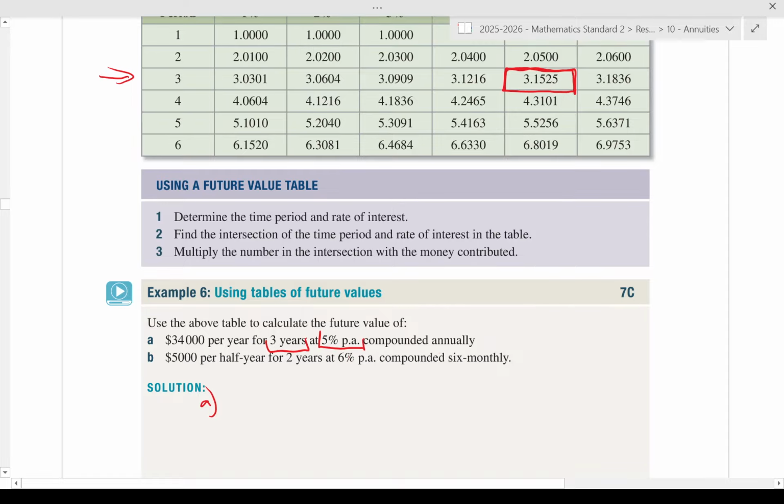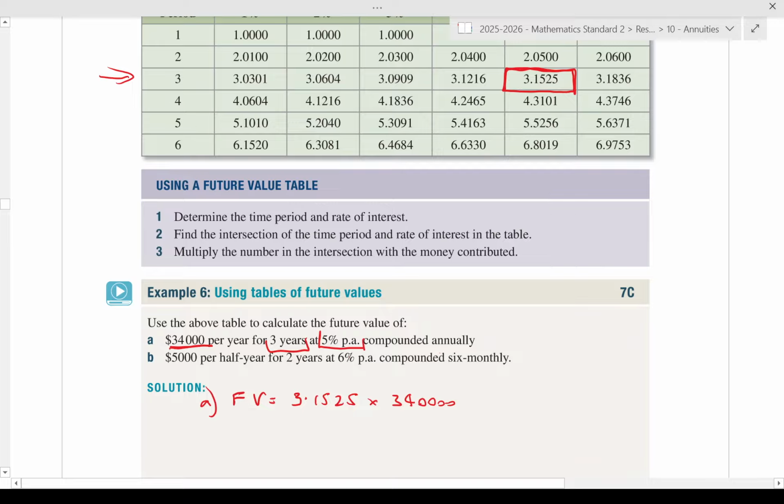Now, if you have a look at our question, we actually did it for $34,000. So our future value is going to be 3.1525 times how many dollars are we talking? 34,000.